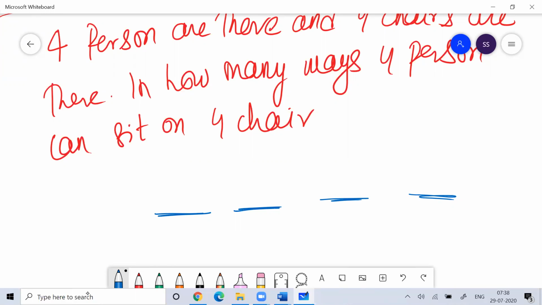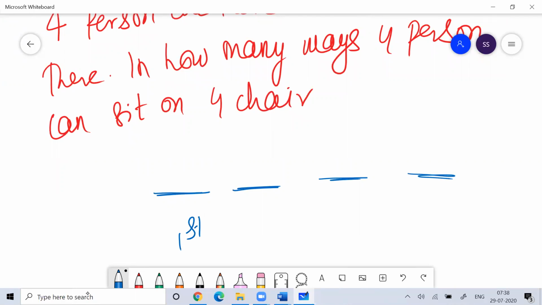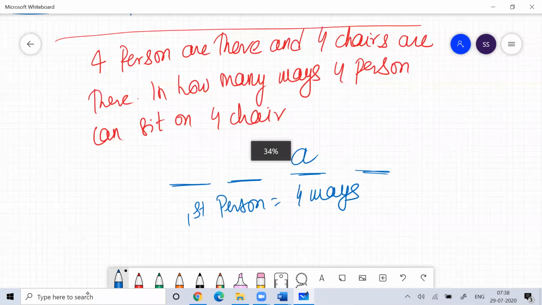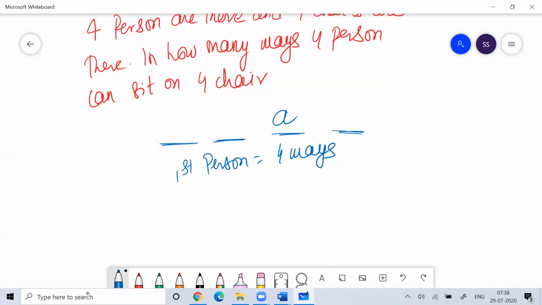So the first person can sit in 4 ways, in any place. Now when the second person comes, only 3 chairs are there, so the second person can sit in any of the 3 ways.